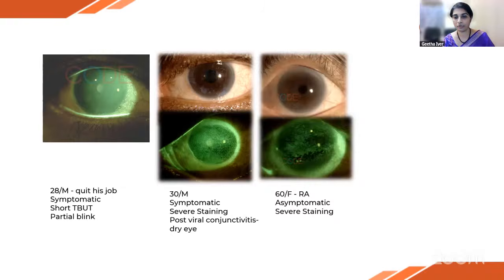A 60-year-old female with rheumatoid arthritis, asymptomatic with severe staining of the ocular surface. And then there was another patient who was absolutely normal on slit lamp evaluation, a 28-year-old young boy, depressed, with no signs but significant symptoms.